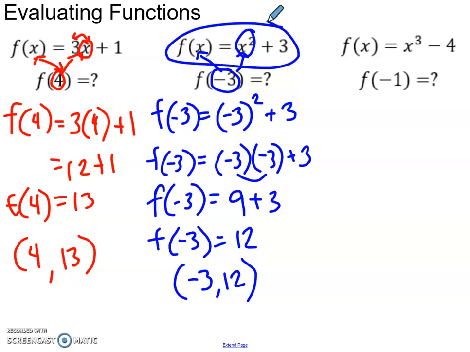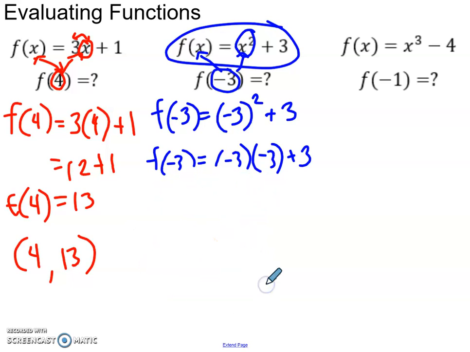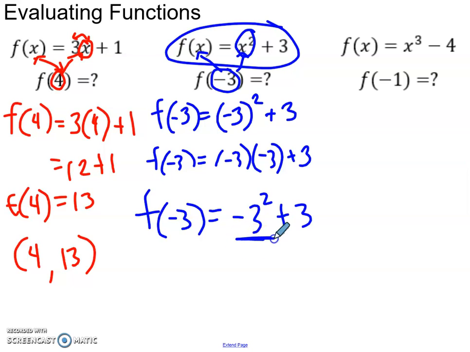Here's why I'm telling you to make sure you write it in those parentheses. I'm just going to erase a little bit here real quick, because I want you to see what could happen if you didn't. If we just said, hey, negative 3, all right, so I have negative 3 squared plus 3. What this is actually saying is just square the 3.